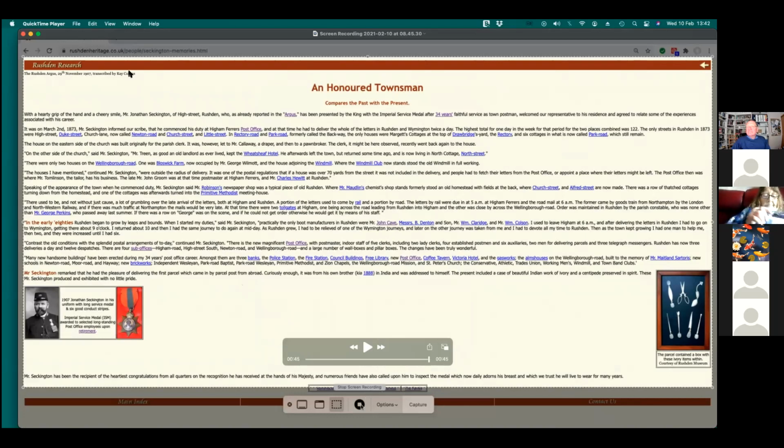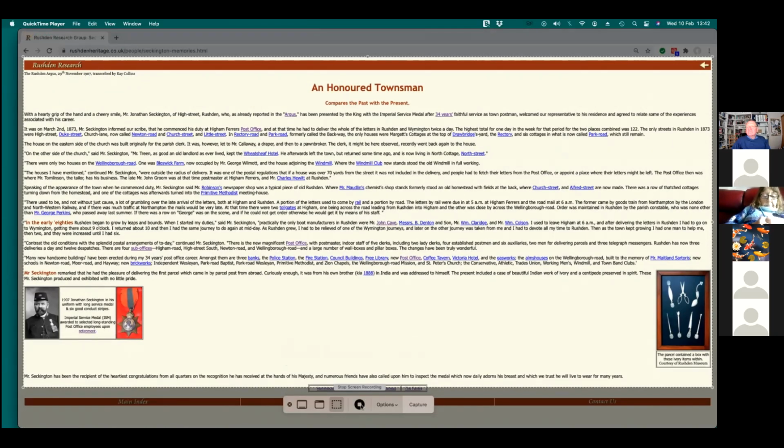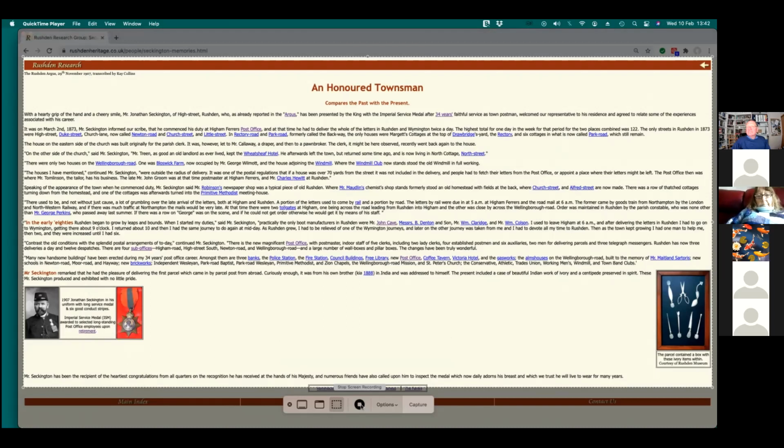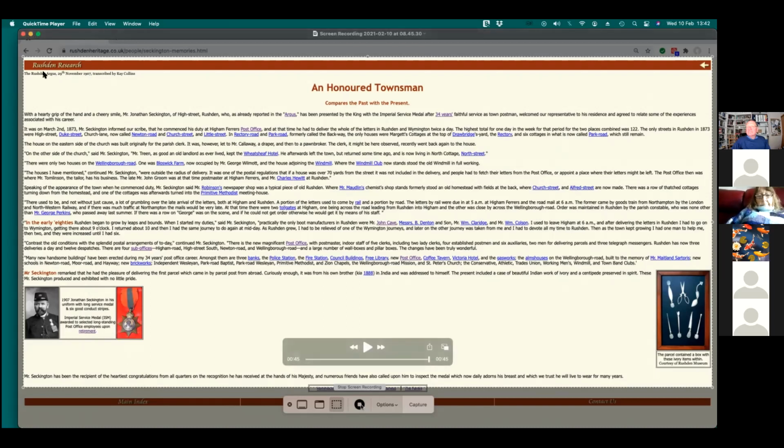Now, you notice up here that this was copied, transcribed from the Rushton Argus in 1907. It so happens that the Rushton Argus is a paper that's never been transcribed or copied onto one of the websites. So apart from me going to Northamptonshire Archives and looking through the roll film for many hours, this is my only source of the information I need for a particular postman.